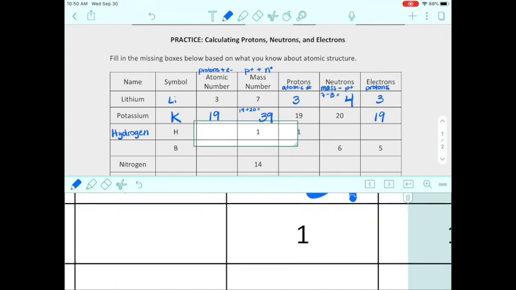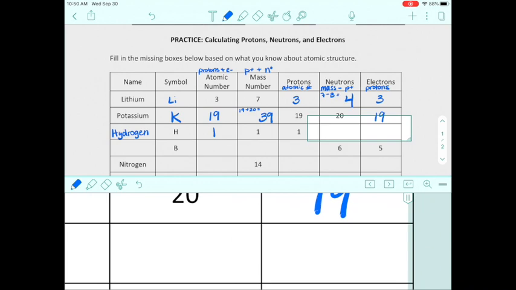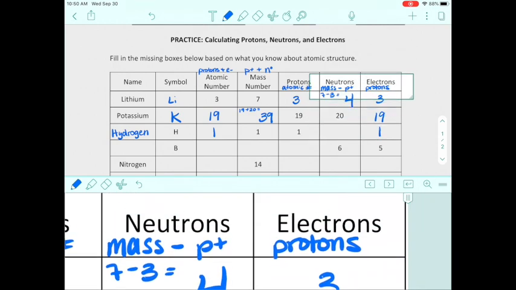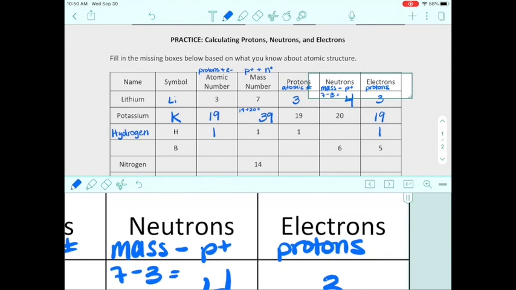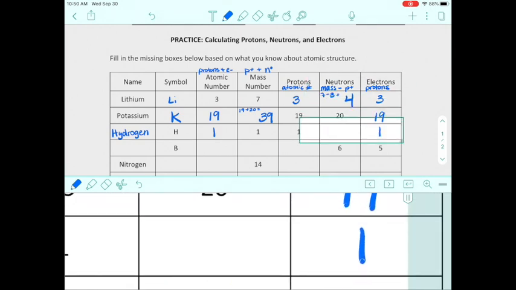If the protons are 1, then the atomic number is 1, and the electrons are 1. For neutrons, remember, we do mass minus protons. So the mass is 1, protons are 1. That means we don't have any neutrons. Hydrogen doesn't have any neutrons.